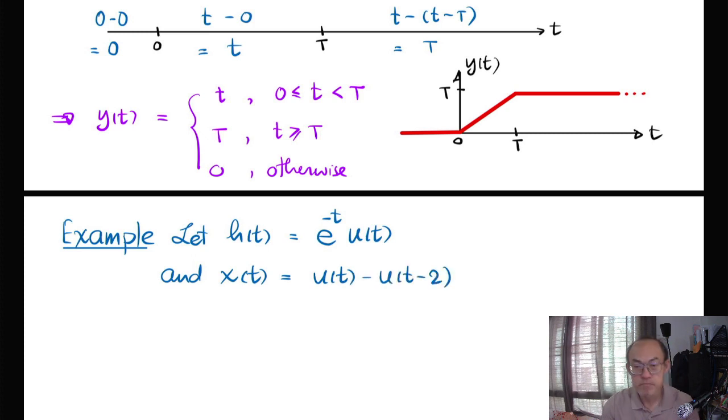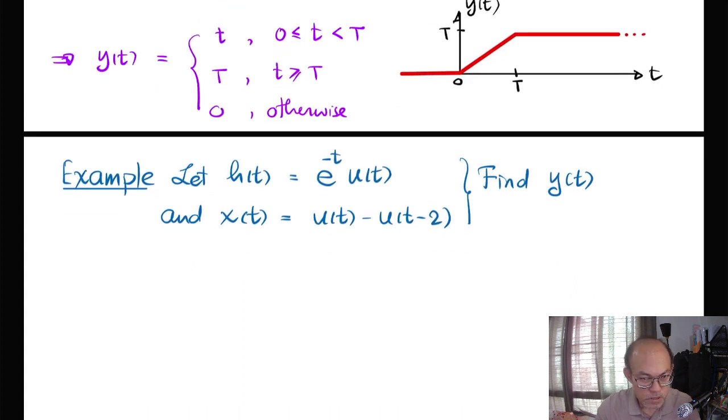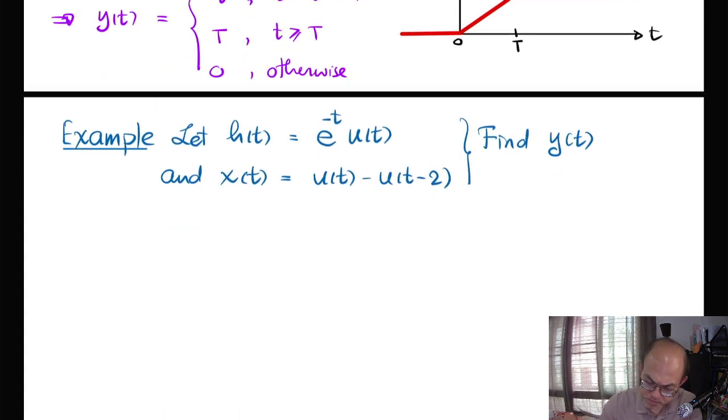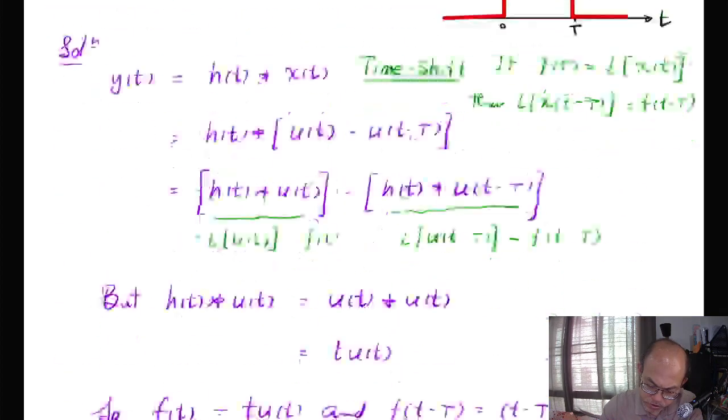Now let's make it a number. We want to find the zero state response, assuming all the initial conditions are 0. Now, the solution.